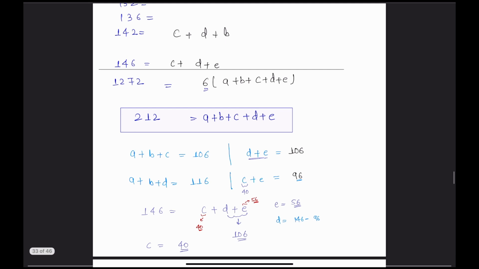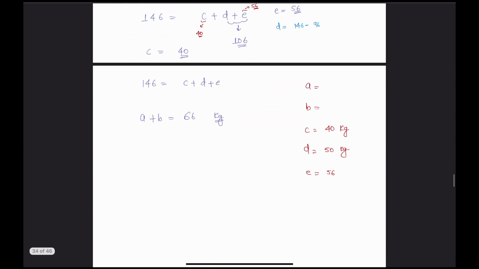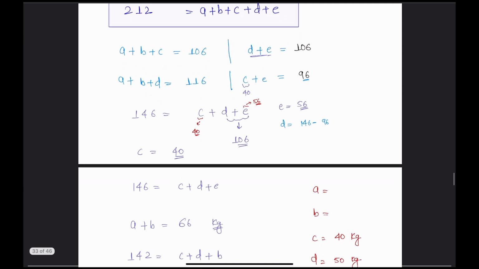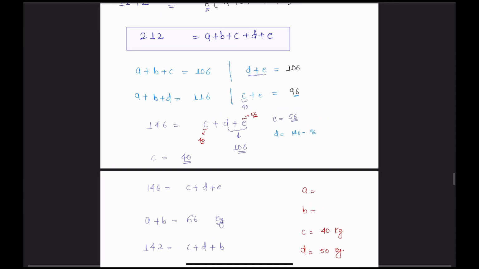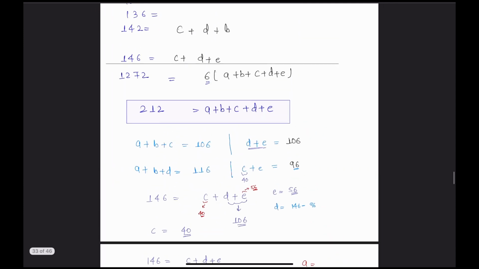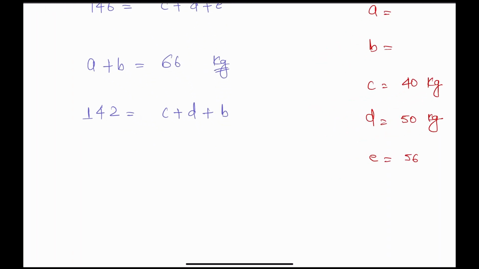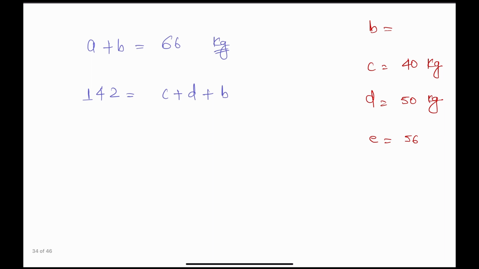So we'll use the second one, that is 142. So 142 is what? c plus d plus b, right? Or sorry, we don't even need it, but yeah, it's fine. c plus d plus b is 142. So with the same as above, a plus b plus c plus d is 212.